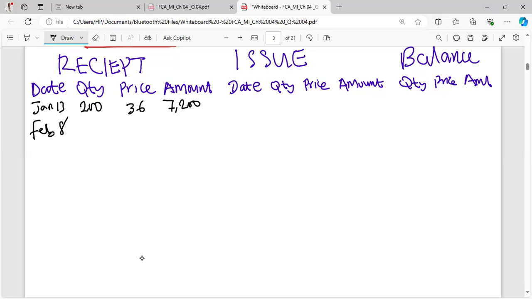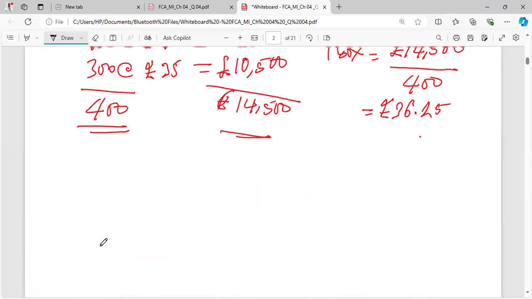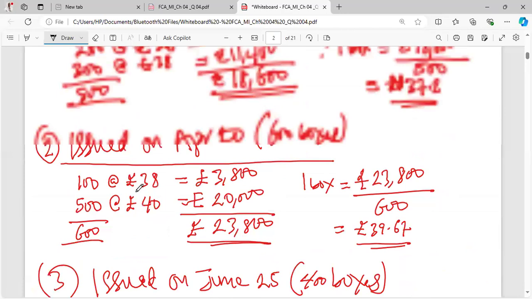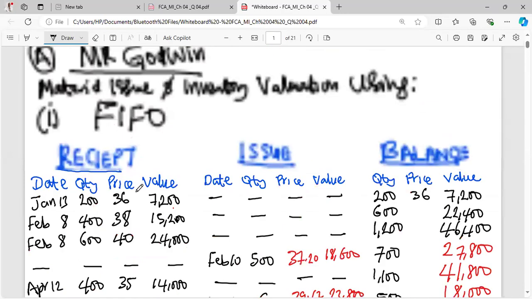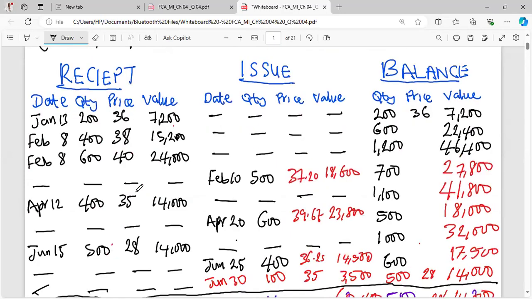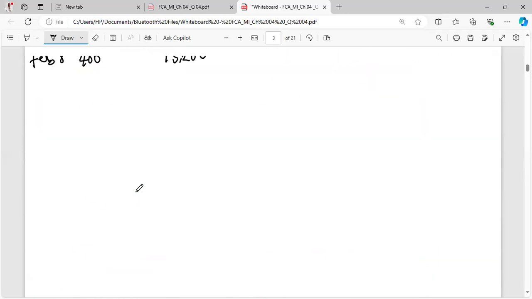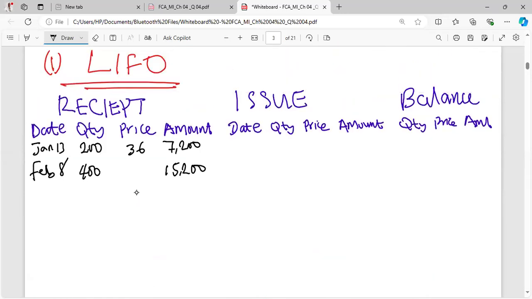Of course, we had 400 here, and it's 15,200. When we checked, that's 38. So we'll put down 38 here.